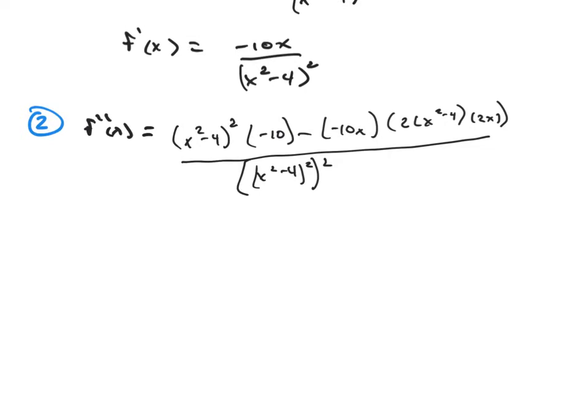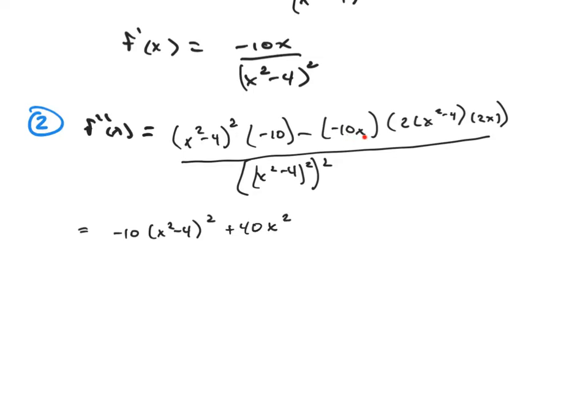So let's do some math again, cleaning this up. On the first one, I'd have a negative 10 times x squared minus 4 quantity squared. The next one, I have a minus negative 10x times a 2x times a 2. So if I do a negative negative 10, that would be a positive 10x, times 2 would be 20x, times 2x would be 40x squared.